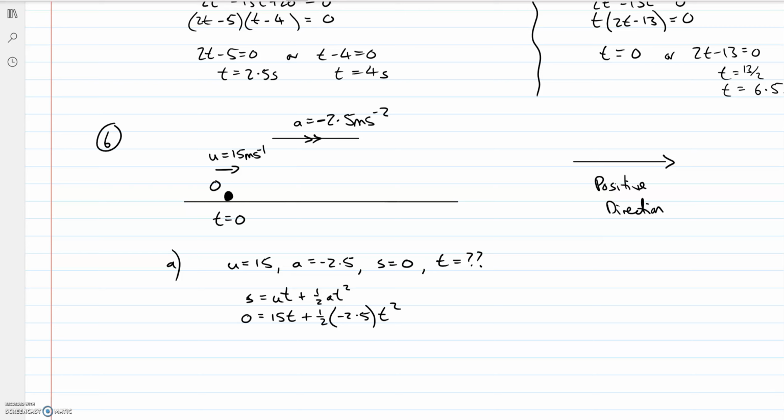We don't know t, quadratic in t, so 0 equals 15t minus 1.25 t squared, get the t squared positive.